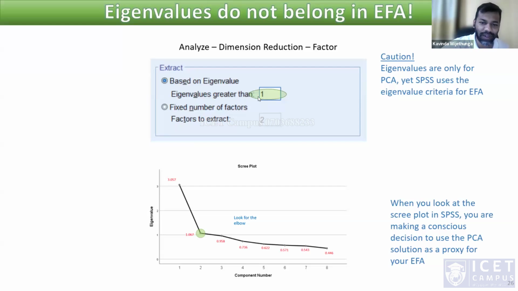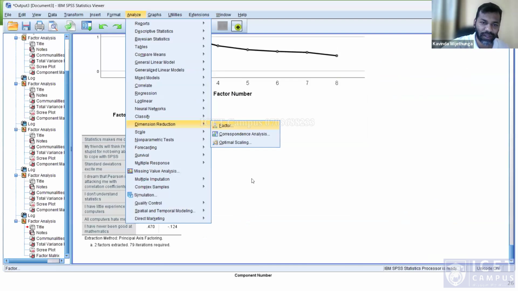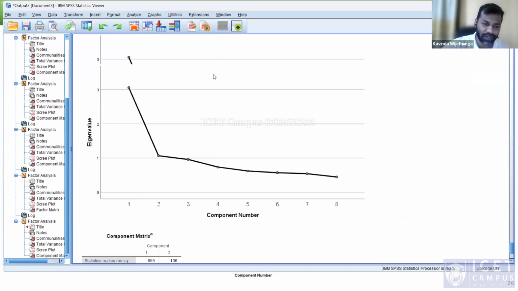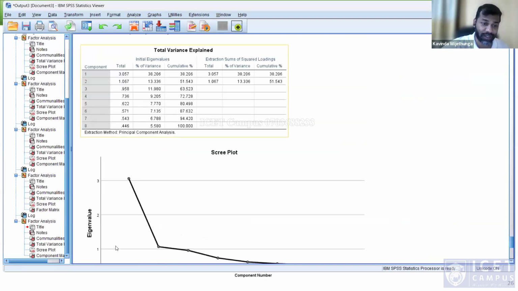Again they divided into two, based on the eigenvalues also. Two factors extracted here, two components extracted.